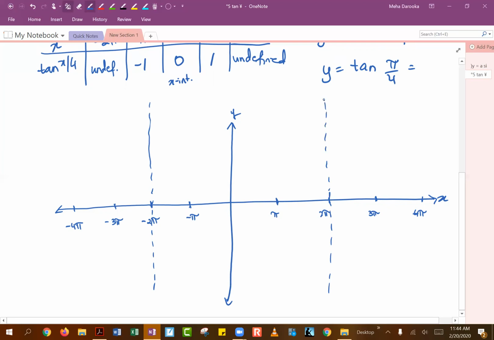So where do you think our next set of vertical asymptotes will be? Negative 4 pi and 4 pi? Does that sound right? Nope.